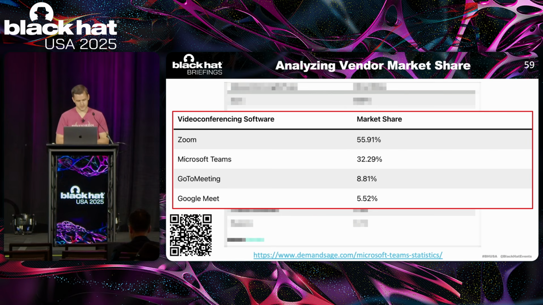If you look at any market share data, it differs a little bit depending on what source you're looking at, but in general, these are two of the most popular solutions by a wide margin across most sources, even if the exact numbers differ.